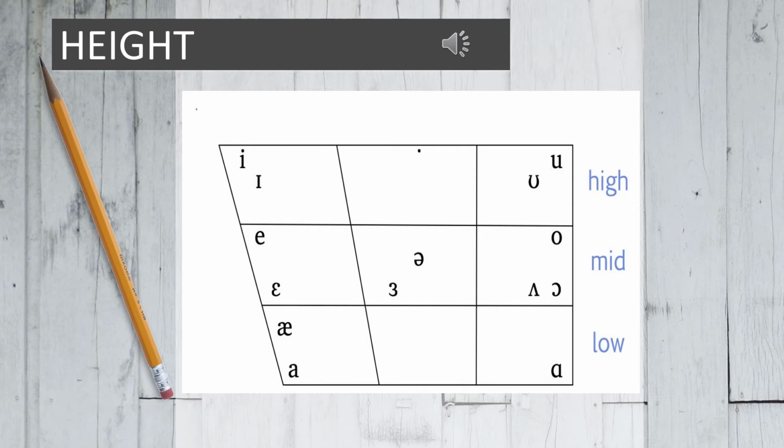For example, A in words like hate, O in words like hope, and the schwa in words like the. Third, low, lower to the jaw. For example, a in words like hat, and a in words like hot.